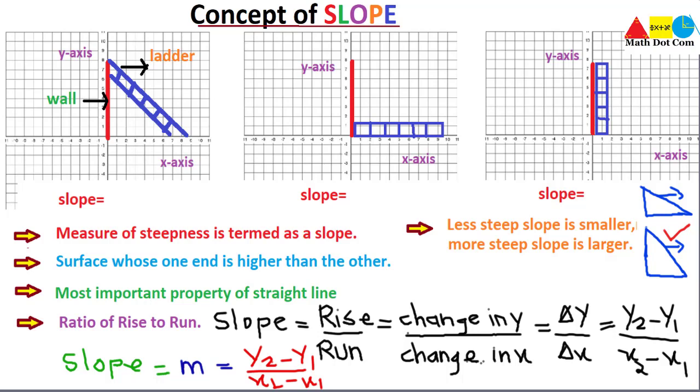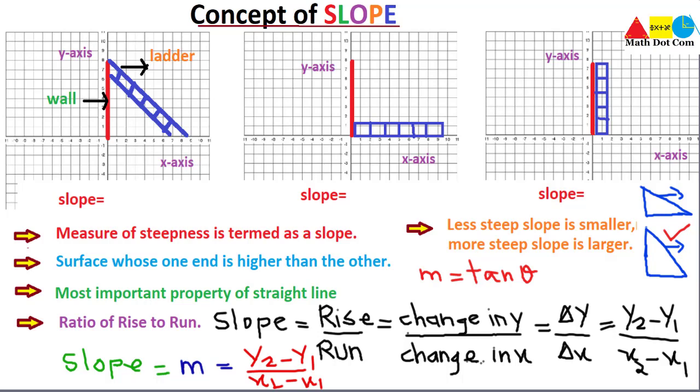Now one more thing that you have to keep in your mind is that slope is also defined in terms of theta, as the line makes an angle with the base. It is very important to know that it can also be defined as m is equal to tan theta. Now why tan theta? You have to keep in mind the change in y and change in x.